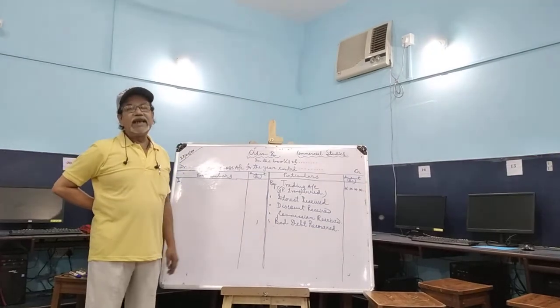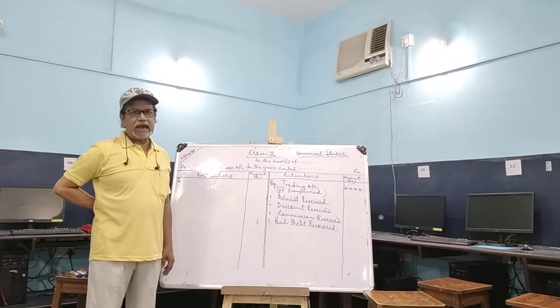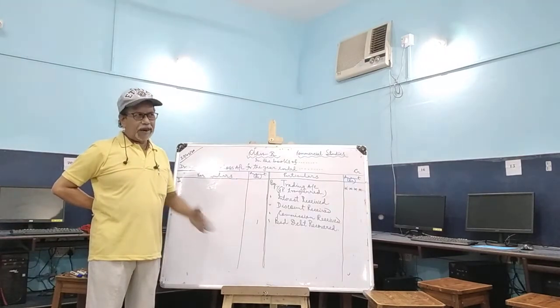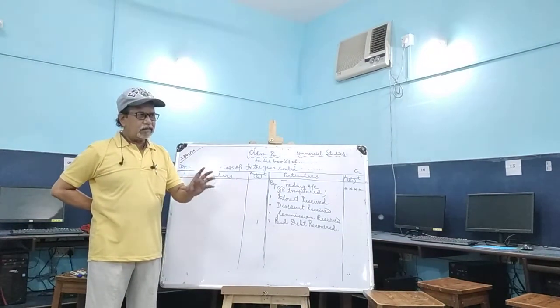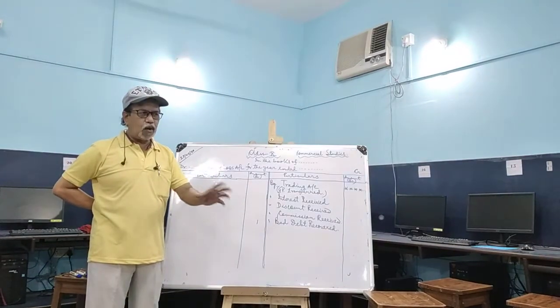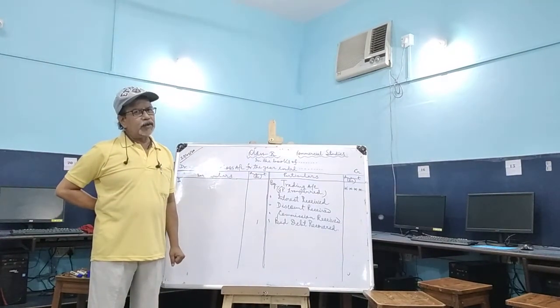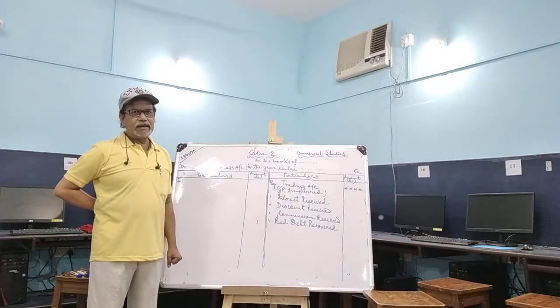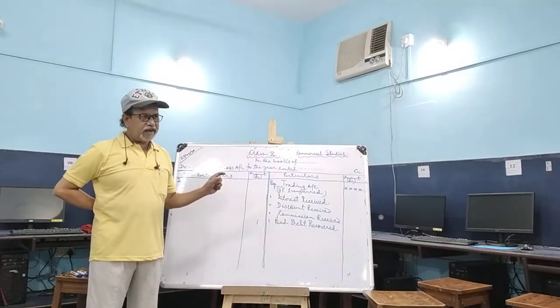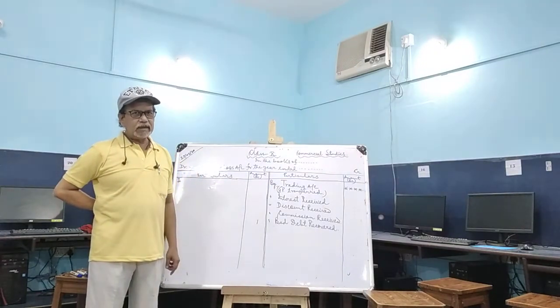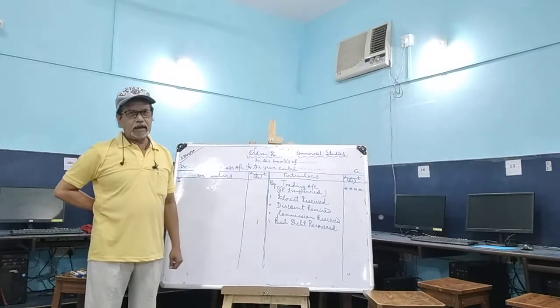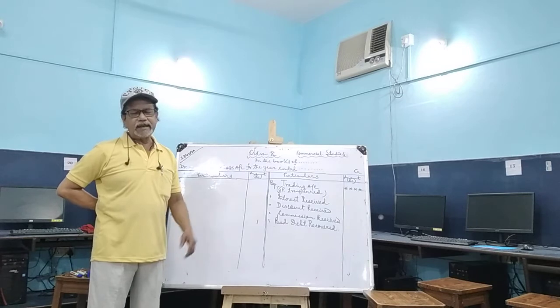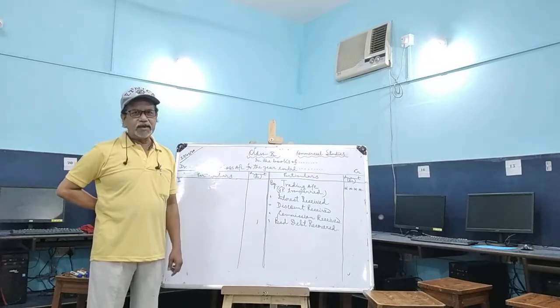Number one, selling and distribution expenses. While selling goods, there are some expenditures. For selling goods, we need to advertise our products, right? We need to pay the salesman's commission or salesman's incentive, something like that. This is selling expenditure.